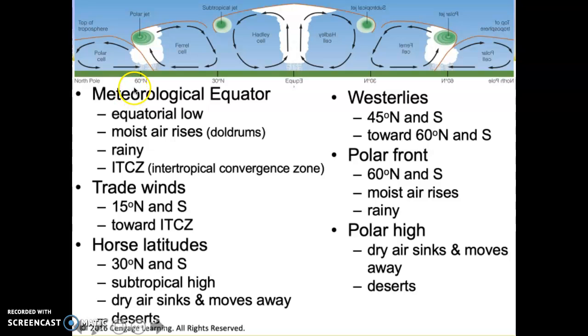And then to complete our journey, we go to the polar high, which is where the air sinks down at the north and south poles. And this should tell you that because the air is sinking, air that is sinking warms, although at the poles that's a relative term, but it warms and it absorbs moisture.